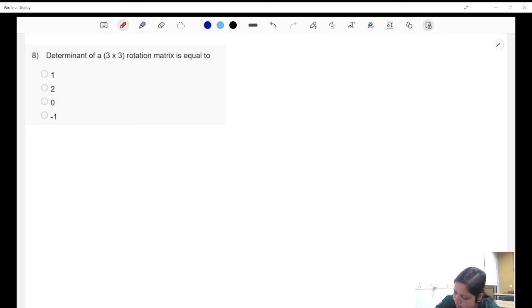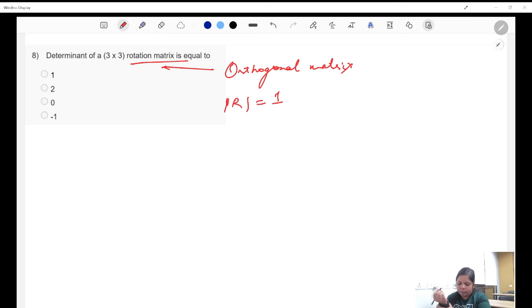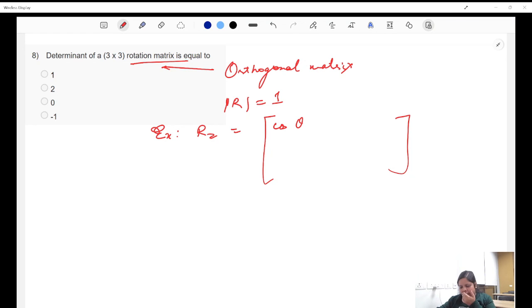Okay. So this rotation matrix is an orthogonal matrix. If it is an orthogonal matrix, the determinant of this matrix is going to be 1 only. But you can also check, do verify. Let's say I have a rotation matrix about the z axis. Can someone remind me what is the rotation matrix about the z axis? We saw it in the beginning of the lecture today.